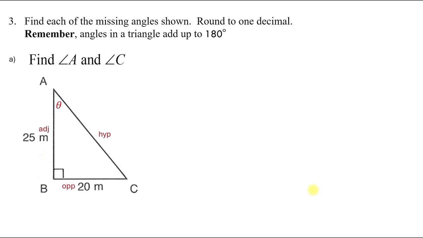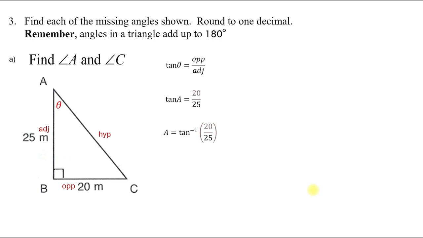So let's select A as our reference angle. So we're looking for the opposite over the adjacent. So we can say that the tan of angle A equals 20 over 25. Angle A by itself will equal the inverse tan of 20 over 25.